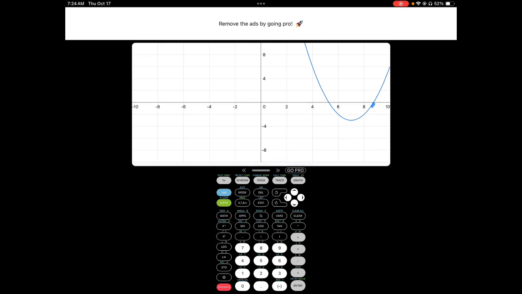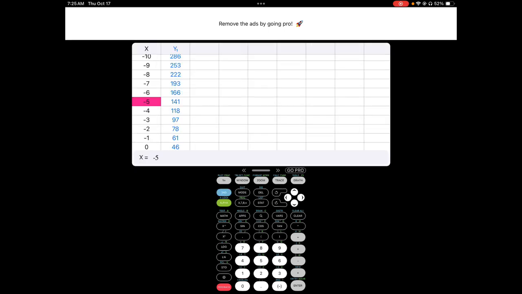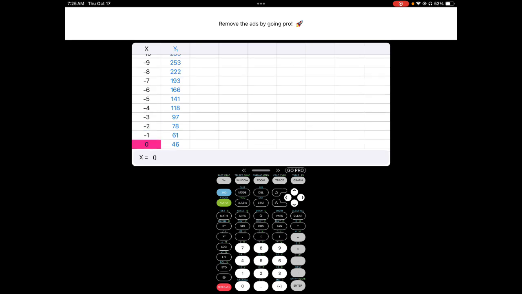5.227 and then 8.73. You can't click on those on your regular calculator, so what you're going to have to do is look at the table and figure out where exactly it would be. I want to get to where the y is close to 0. Where does that fall?